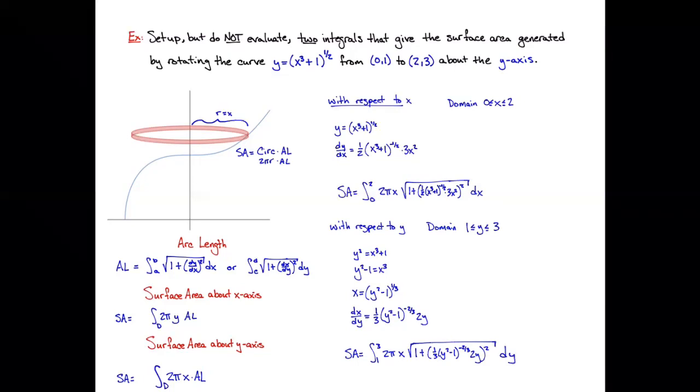And we've got one little problem with that answer. It's not all with respect to y. It's all with respect to y except for that pesky little x there. We don't want that x there.